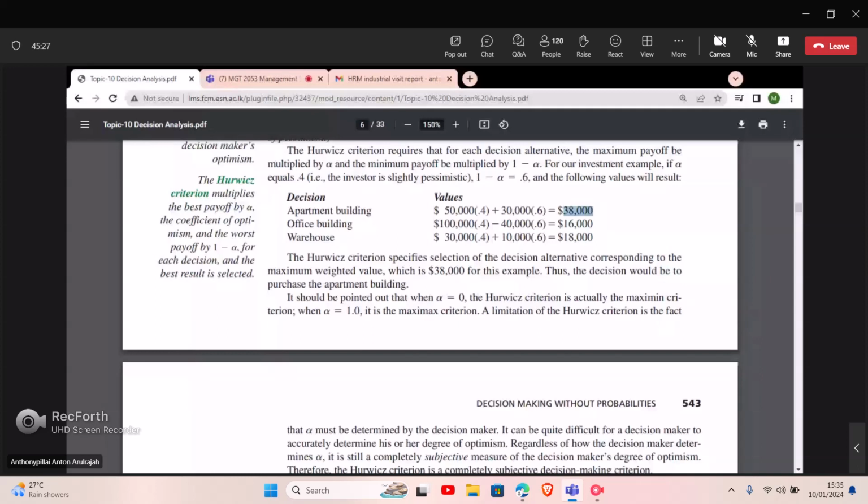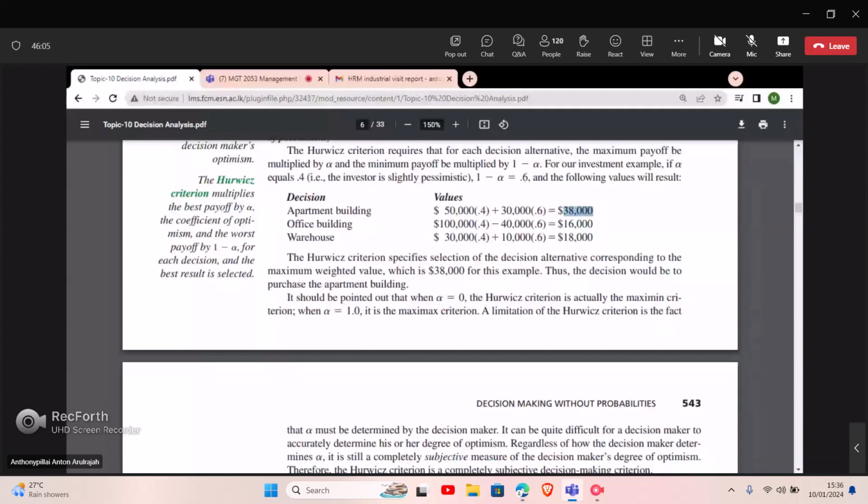So according to this information, maximum one will be which one? 50,000. That should be multiplied by alpha value 0.4. The balance of 1 minus alpha has to be multiplied by the minimum. So if alpha value is 0.4, multiply by 0.4, the balance 0.6 has to multiply by 30,000.